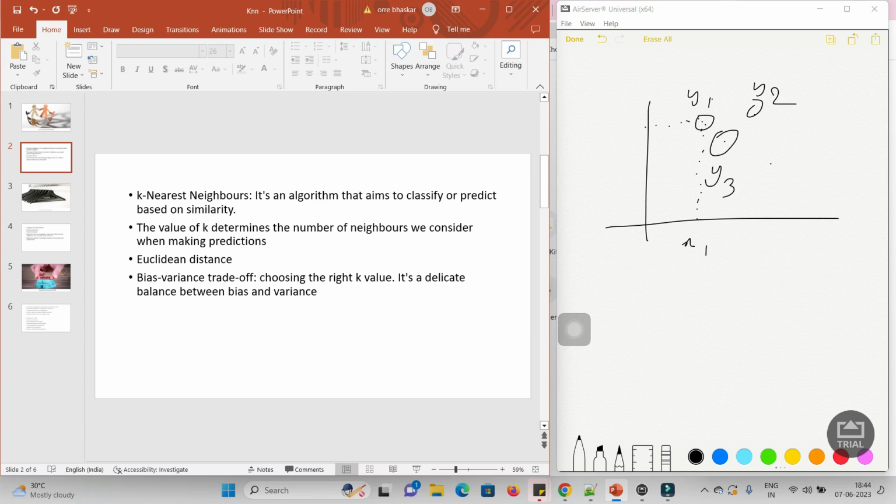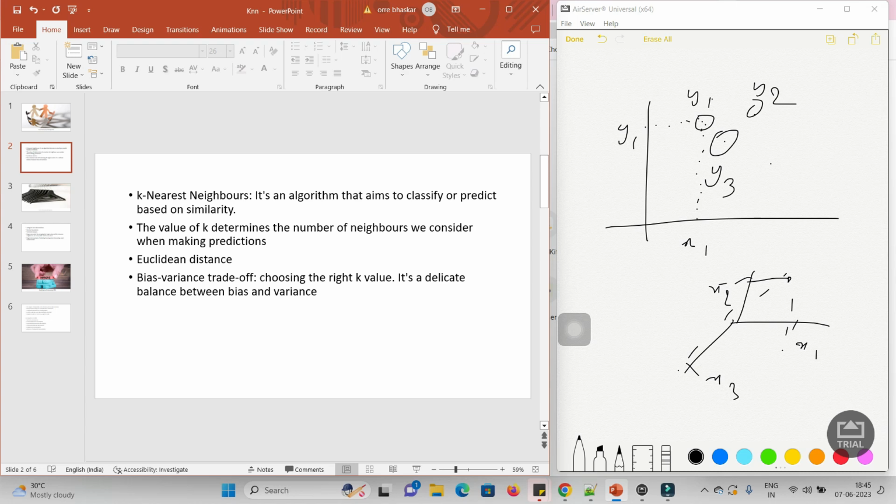This will be our x1 and this will be our y1. So this is for 2D. If it's three-dimensional, how will it be? We have three features: x1, x2, x3. Basically, we can visualize only up to three dimensions, right?